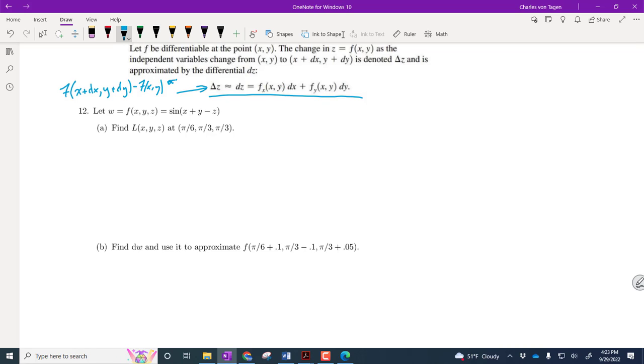But delta z might be hard to compute for various reasons. Okay? Or maybe it's unknown for various reasons. So instead of computing delta z, we compute differential z instead. Okay? And so differential z is just, look at what it looks like, folks.